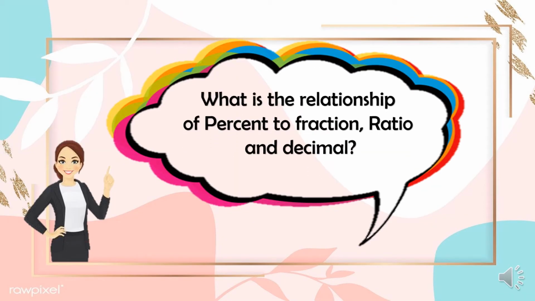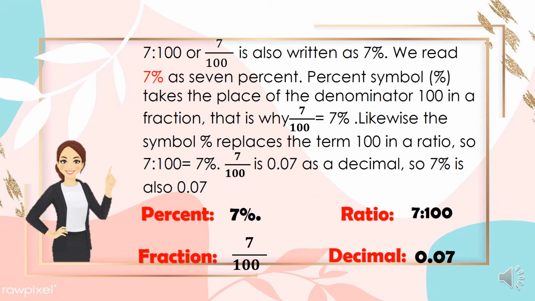Now, what is the relationship of percent to fraction, ratio, and decimal? 7:100 or 7/100 is also written as 7%. We read 7% as 7 percent. Percent symbol takes the place of the denominator 100 in fraction. That is why 7 hundredths is equivalent to 7%.